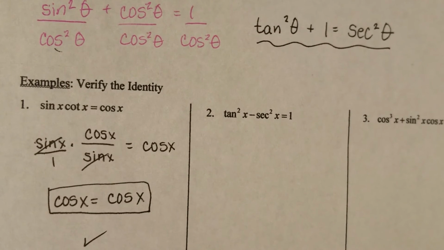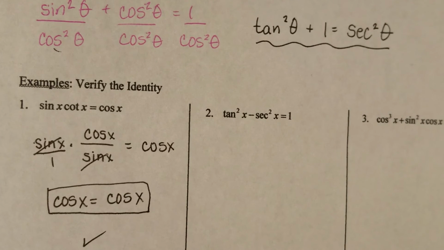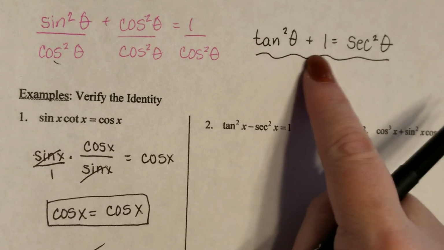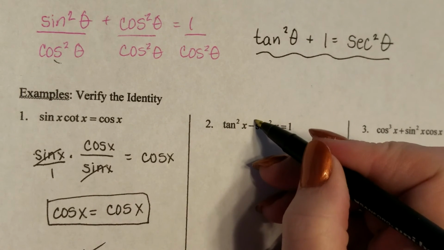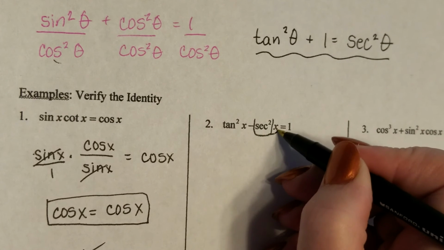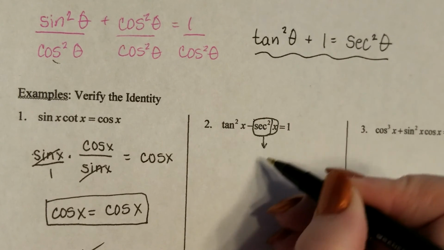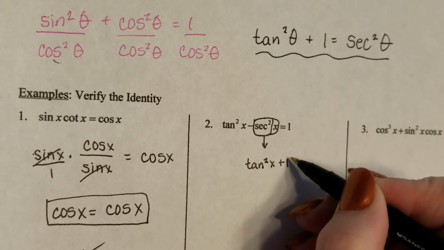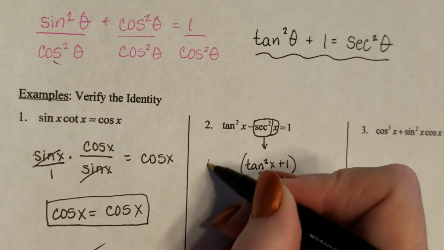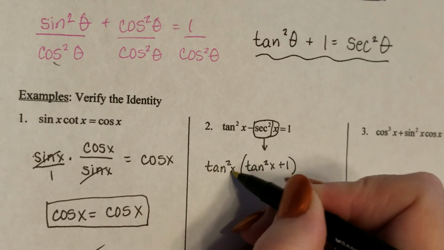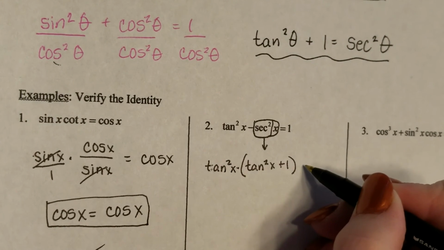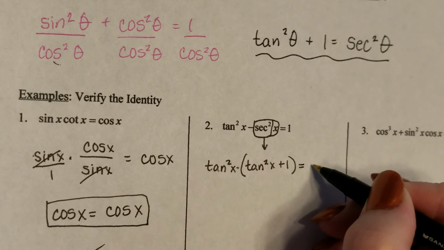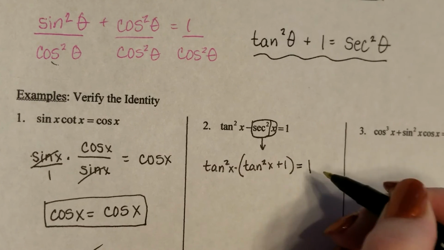We've got tangent squared minus secant squared equals negative 1. Well, up here, I know that secant squared is this thing. So I'm going to include the angle and make it be tangent squared x plus 1. So I have tangent squared x minus this tangent squared x plus 1, and that equals negative 1.